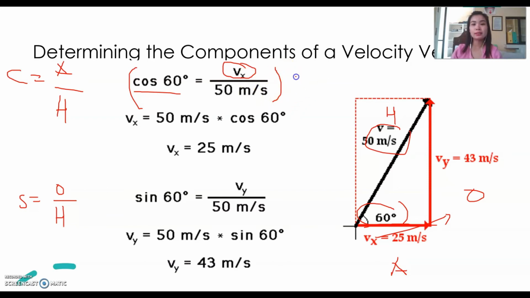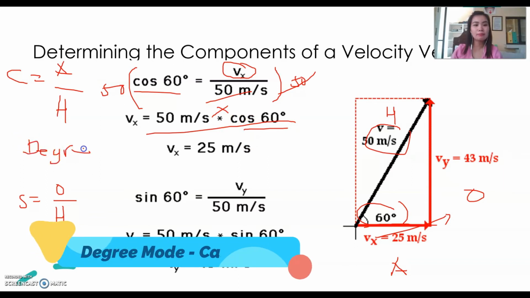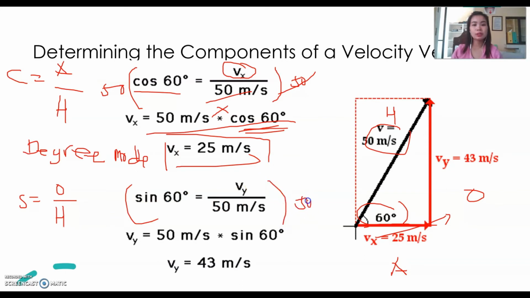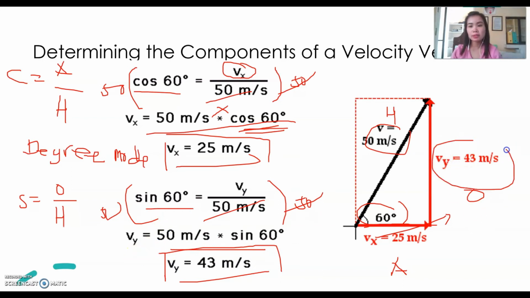Make sure your calculator is in degree mode so the value of cosine 60 does not change. Multiply by 50 and cancel, so Vx is left. For Vy, 50 meters per second multiplied by sine 60 degrees is equivalent to 43 meters per second. Why sine for Vy, ma'am? Look at Vy: it is the opposite side, our unknown, and the given hypotenuse is 50 meters per second.